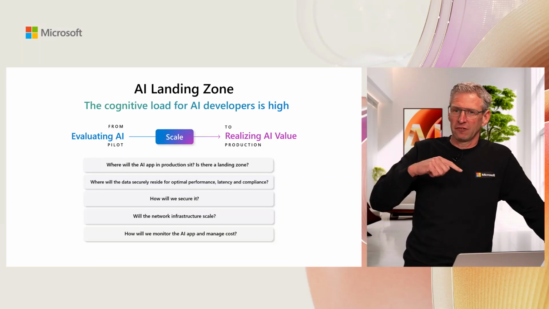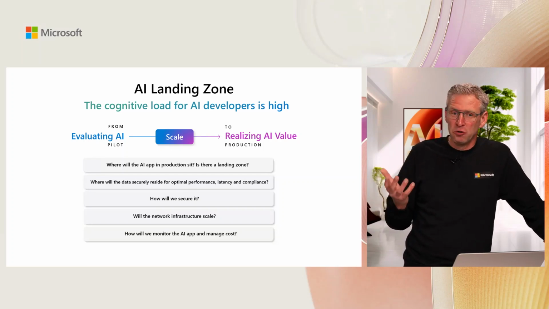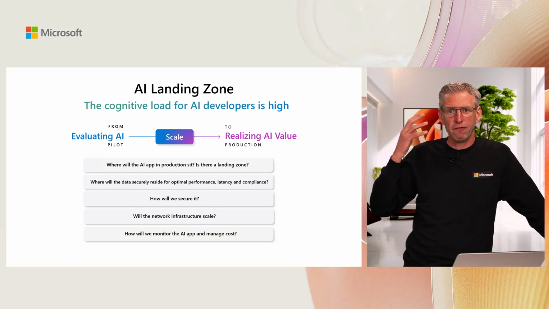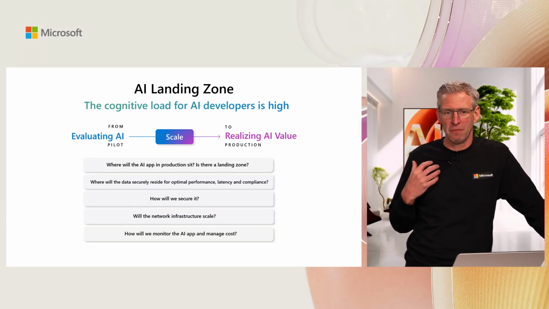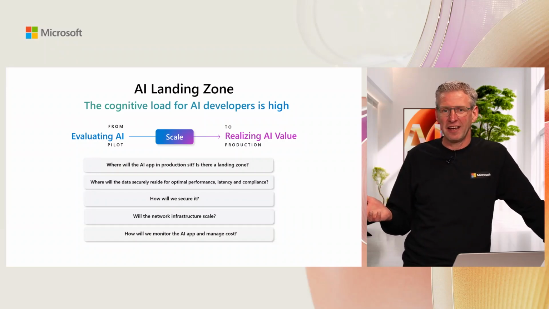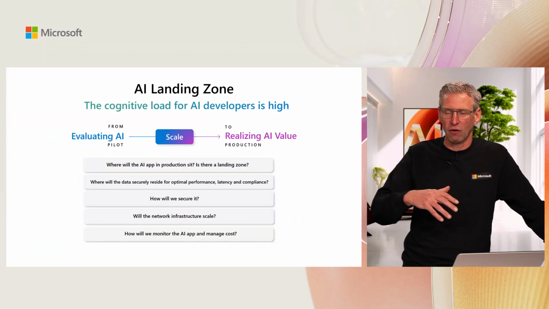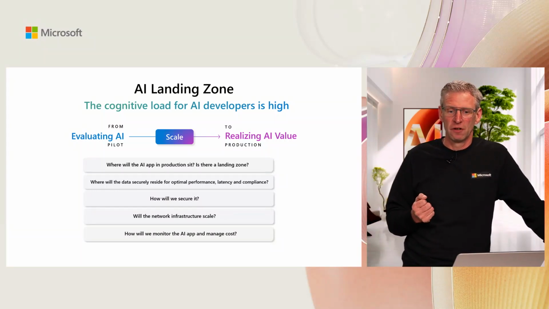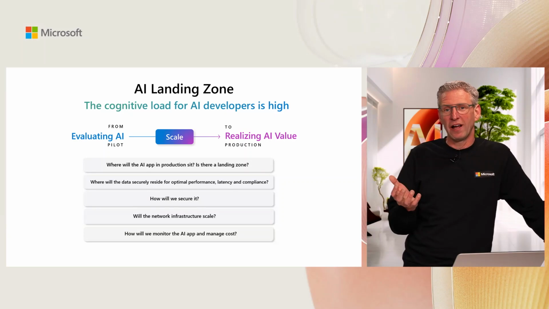The other side of the story is when you don't do that, they just use the Azure platform, but don't have production readiness in their mind. So probably they don't think about where the AI app will land, how it will scale, how it will connect to my crown jewels data sources, how I will monitor it.